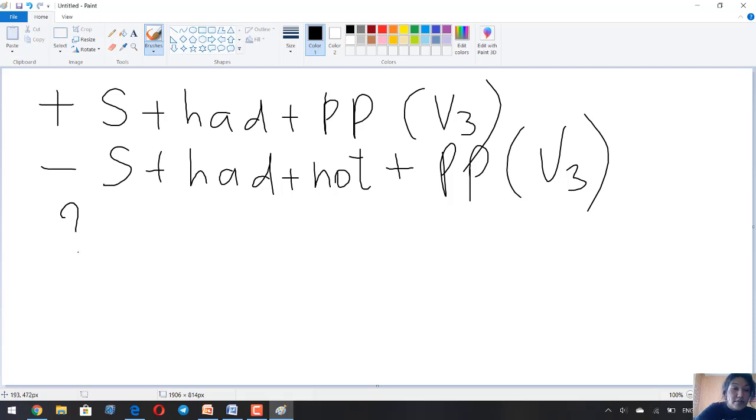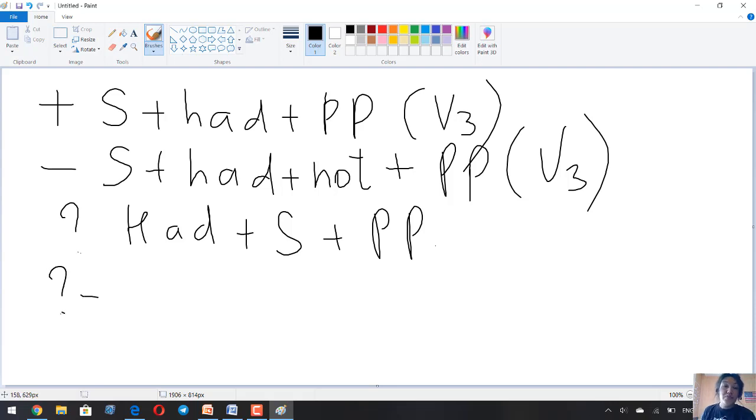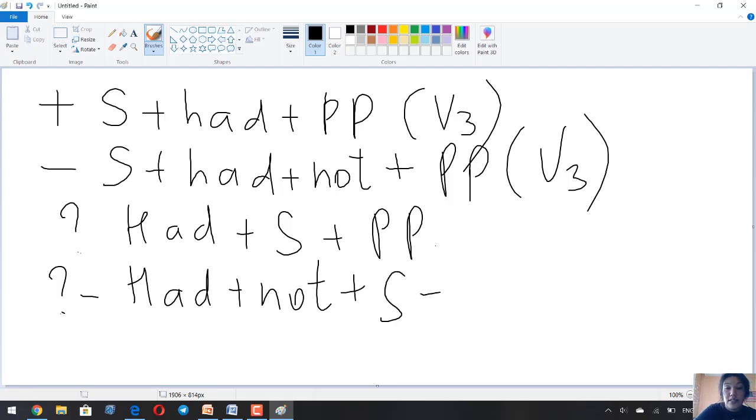In interrogative form, we use had before the subject, plus subject plus past participle. And there is one more form of past perfect, interrogative negative. Here we use had plus particle not plus subject and plus past participle.